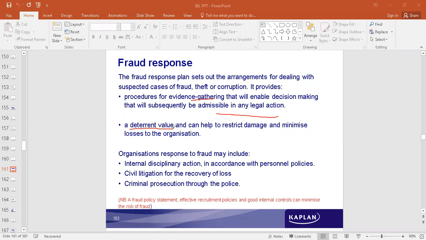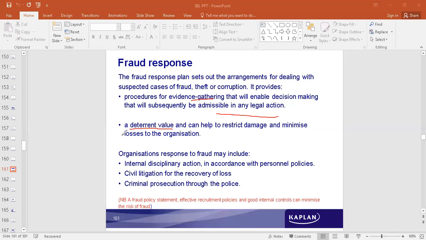The organization's response to fraud may include internal disciplinary action in accordance with personnel policies, civil litigation for the recovery of loss, or criminal prosecution through the police. Any of these measures can be taken up as a response. If they don't react, things will continue in the same manner and no improvement would be there.